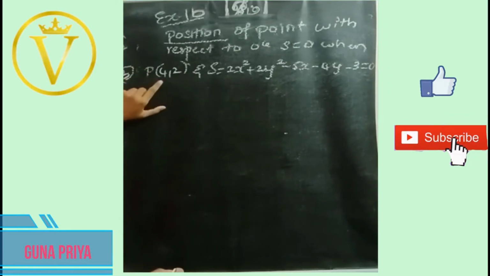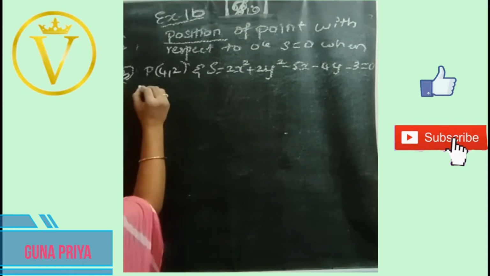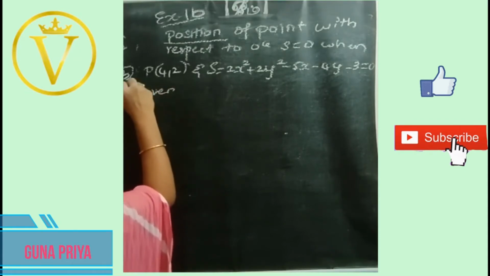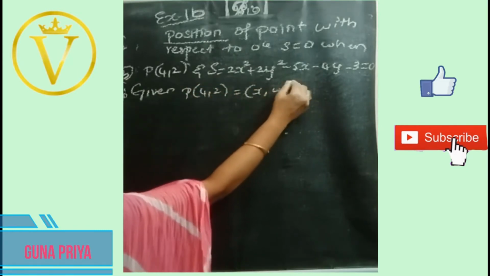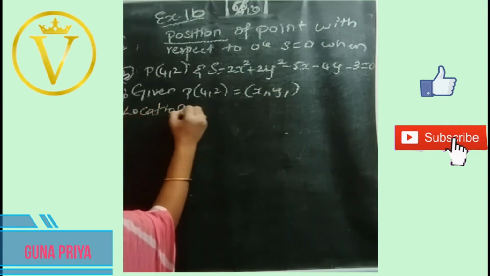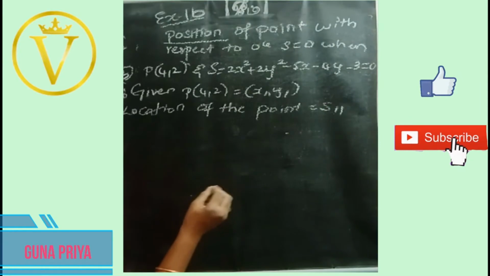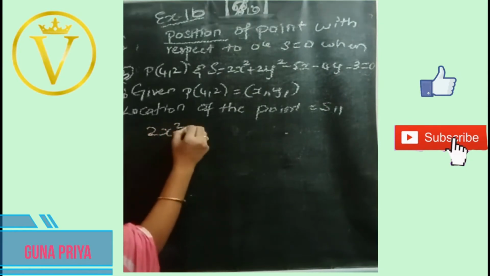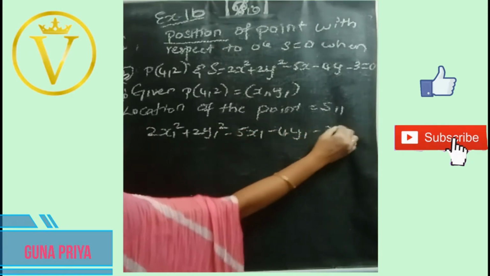Given point P is (4, 2) and the circle equation is 2x square plus 2y square minus 5x minus 4y minus 3 equals 0. Same as before, (4, 2) is x1, y1. Now the location of the point S11 means 2x1 square plus 2y1 square minus 5x1 minus 4y1 minus 3.